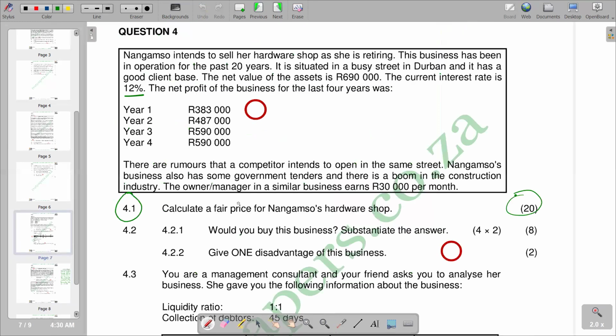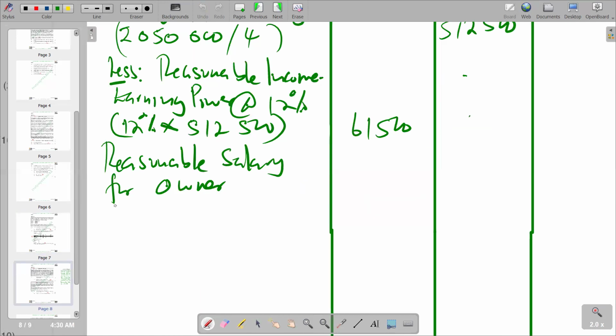You see, you are given that the owner or manager in a similar business earns 10,000 per month. So this is the figure that we're going to use, and this one is per month. So for per year, we're going to say 10,000 multiplied by 12.